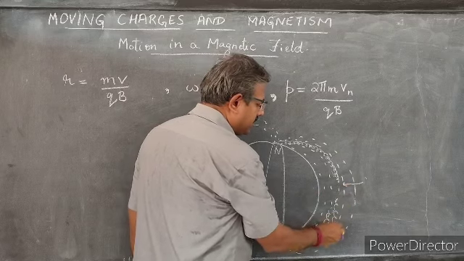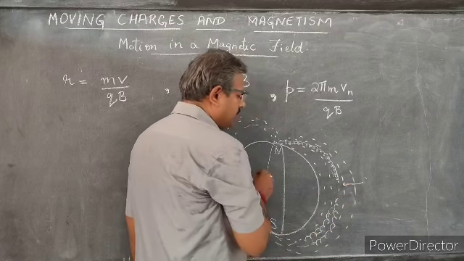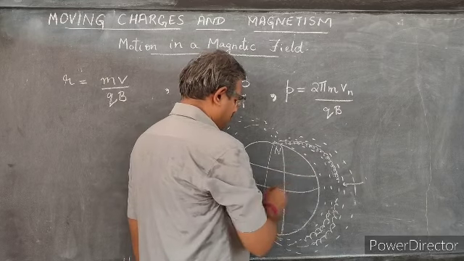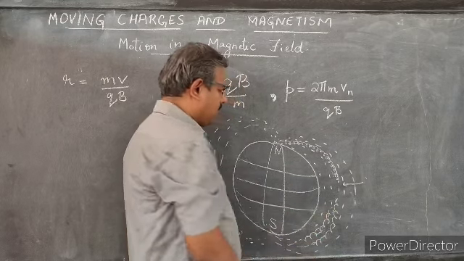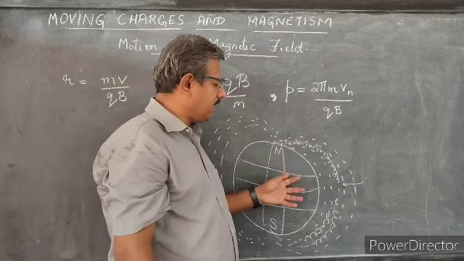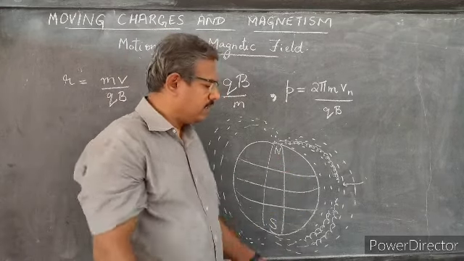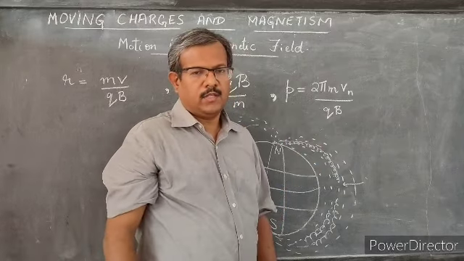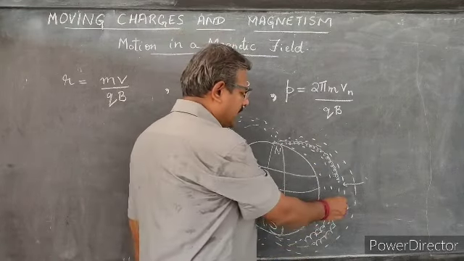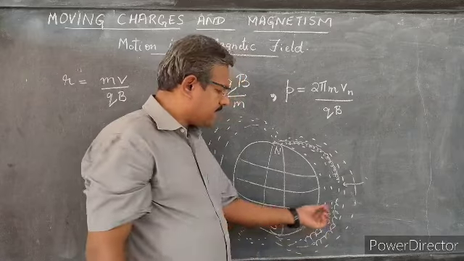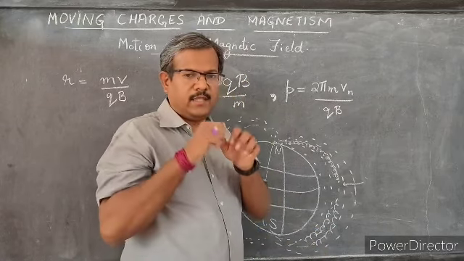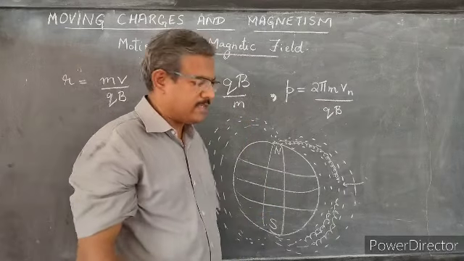Now, typically for a person closer to the equator or the Tropic of Cancer or Tropic of Capricorn, in these latitudes the magnetic field lines are further apart. So we don't see these particles collide with each other. They move in their own distinct helical paths.